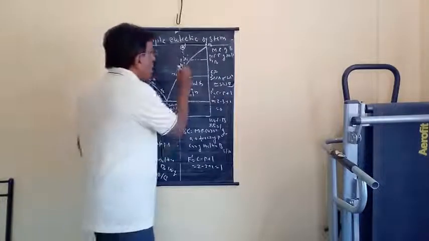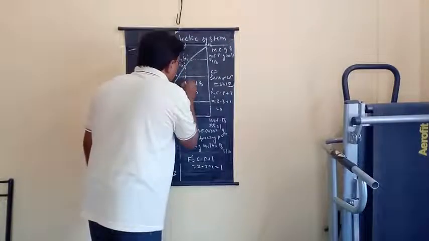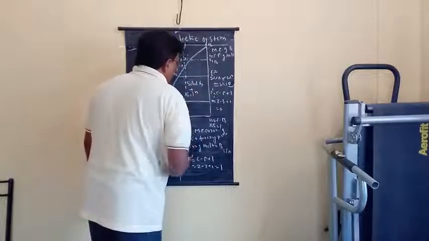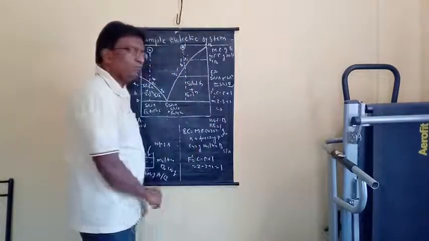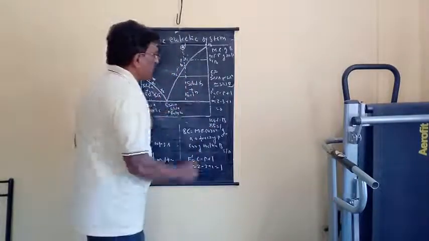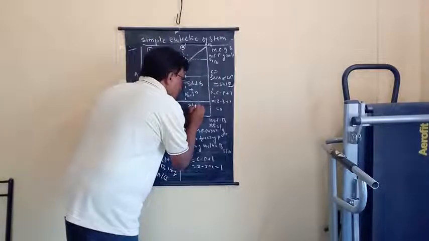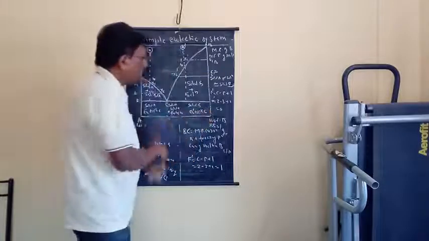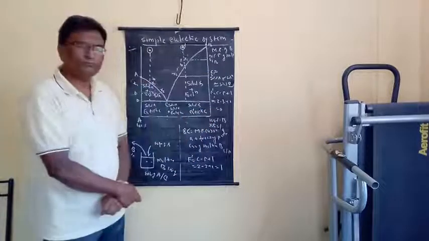That means on repeated cooling, if we decrease temperature below this, we get solid B plus eutectic of fixed composition.